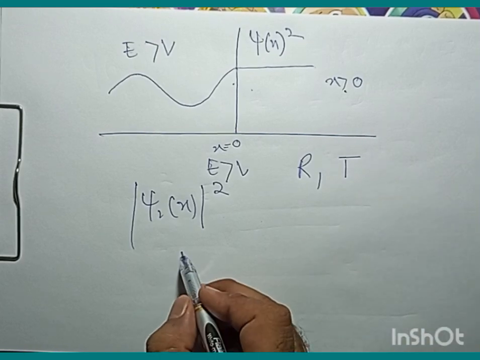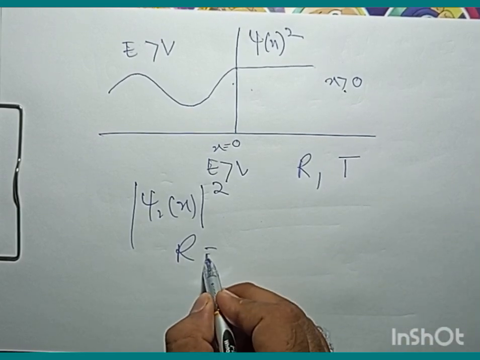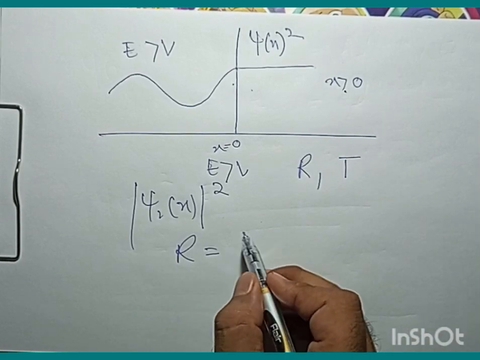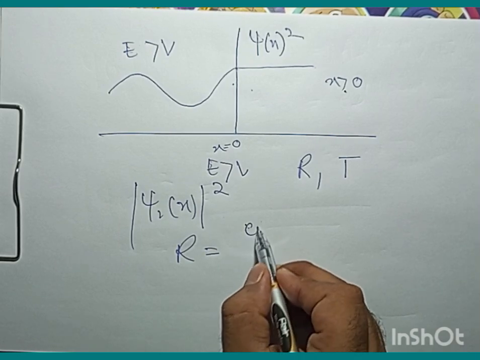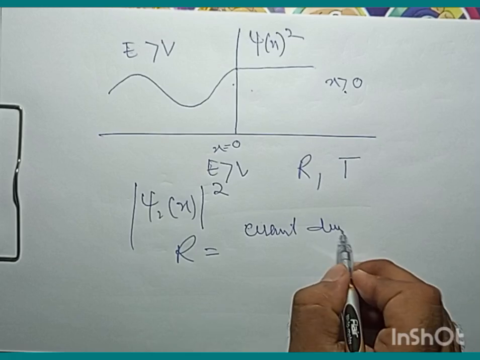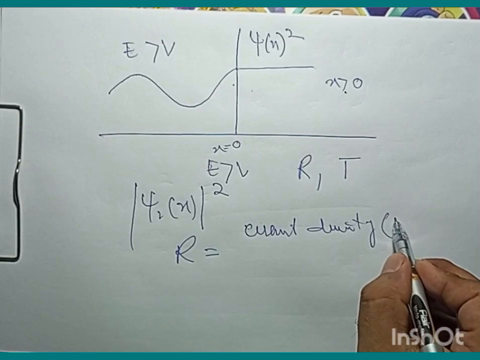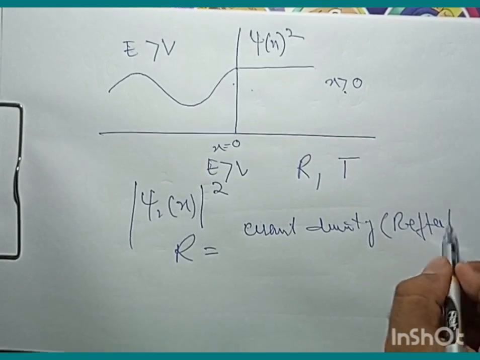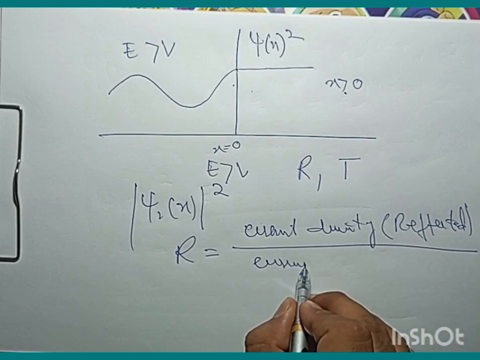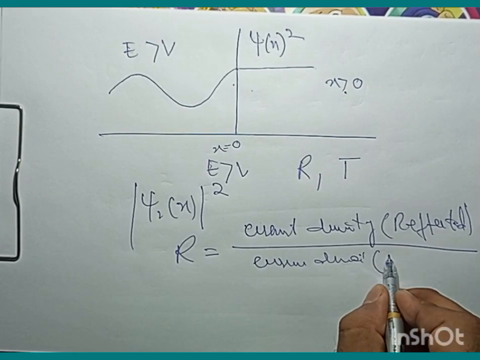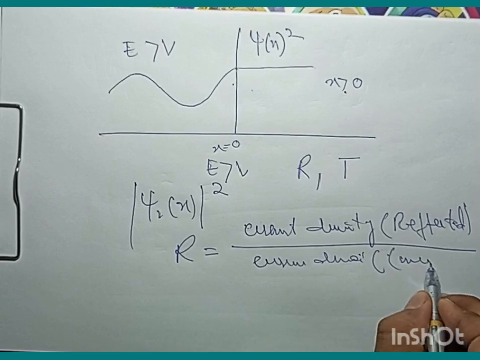And how do we define this reflection R? If I take R as the reflection coefficient, that is the ratio between the current density that is reflected, divided by the current density of the incident particles.